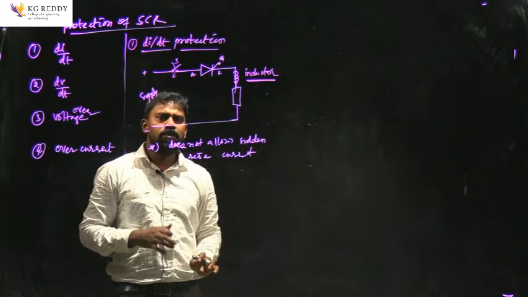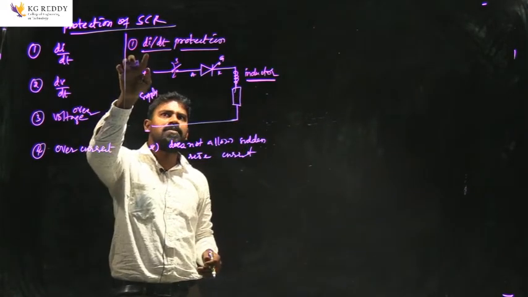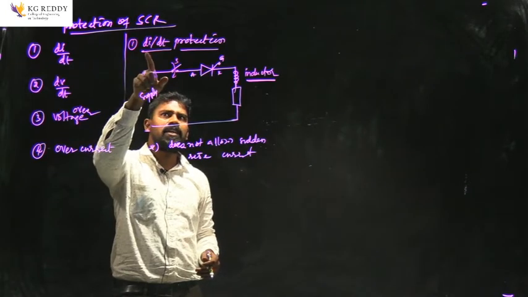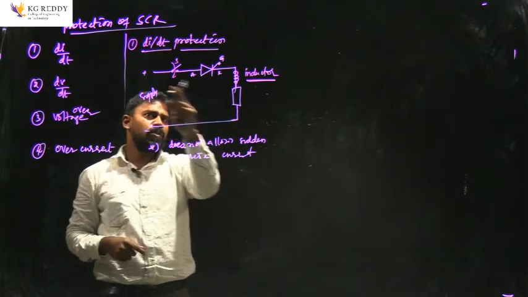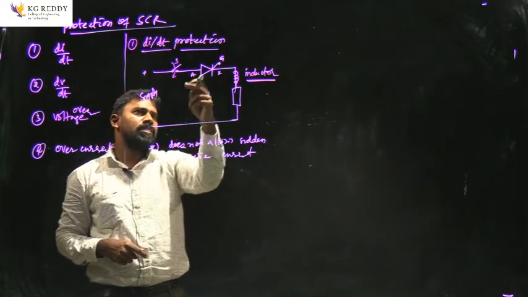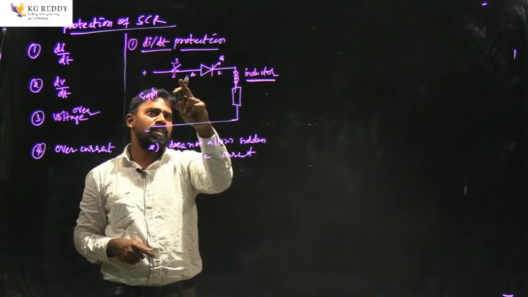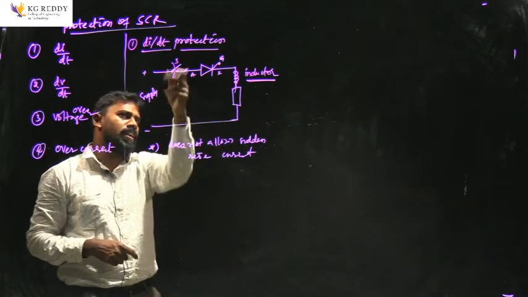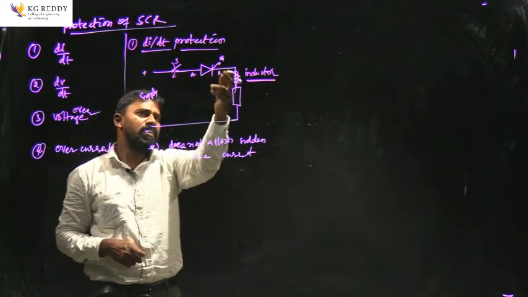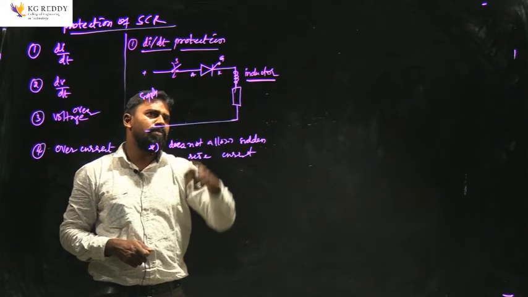The main problem is the sudden rise of current, that is di/dt. Due to this di/dt the SCR may be damaged, because the SCR cannot withstand the sudden rise of current. Then the temperature increases and the SCR may be damaged.